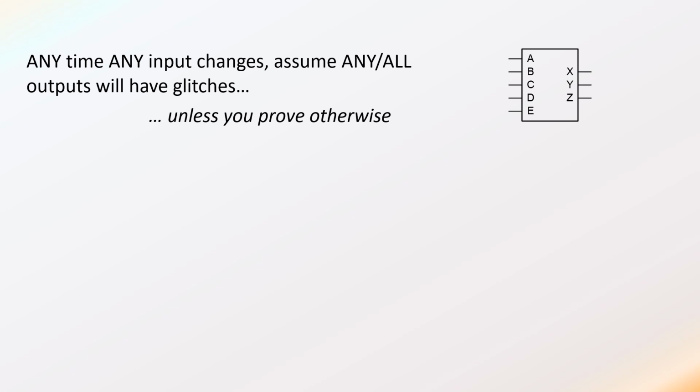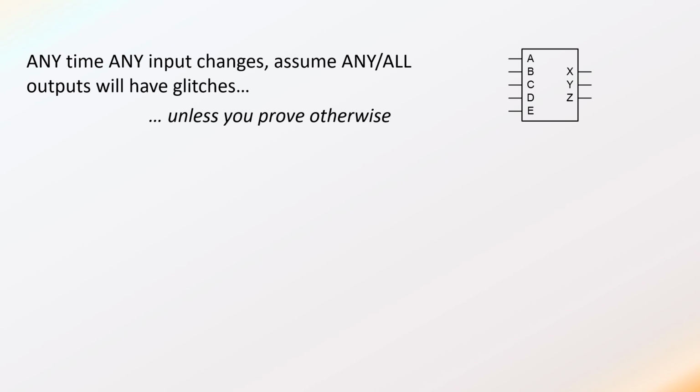So the assumption, or the rule, is that anytime any input to any combinational logic circuit changes state, you should assume the outputs will have glitches. So here I'm showing a 5-input, 3-output circuit. And if I changed A, B, C, D, or any input, I should assume that X, Y, and Z may all have glitches on them, unless I prove otherwise.